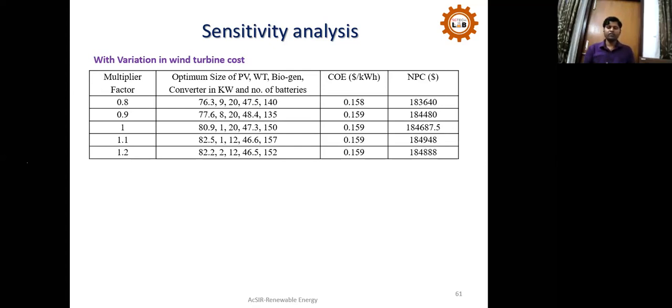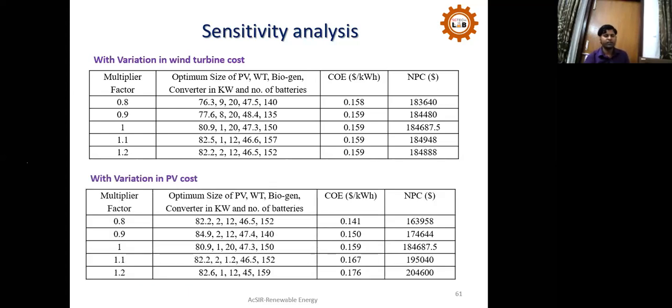Whatever cost you have considered, if any one component's price has changed, like if the wind price has reduced to 90%, or to 80%, or increased by a 1.1 factor, or a 1.2 factor, then what will be its effect on the overall cost of the system. This type of study you can do.